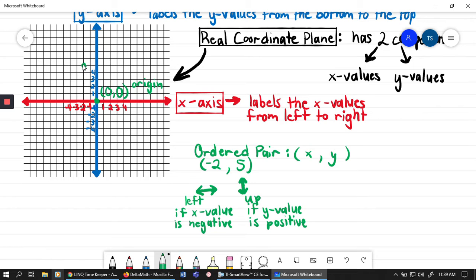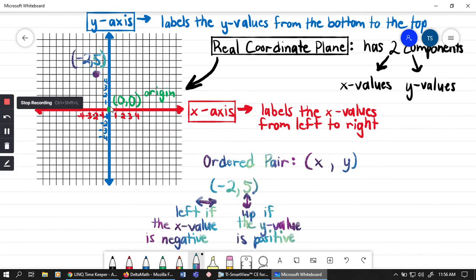So this point here will wind up being, again, if we do it from the origin, us moving left 2, 1, 2, and up 5. So this point here is negative 2, 5.